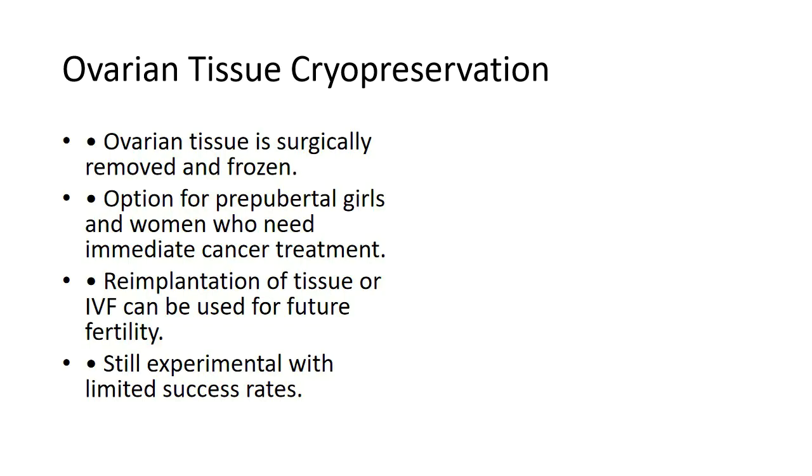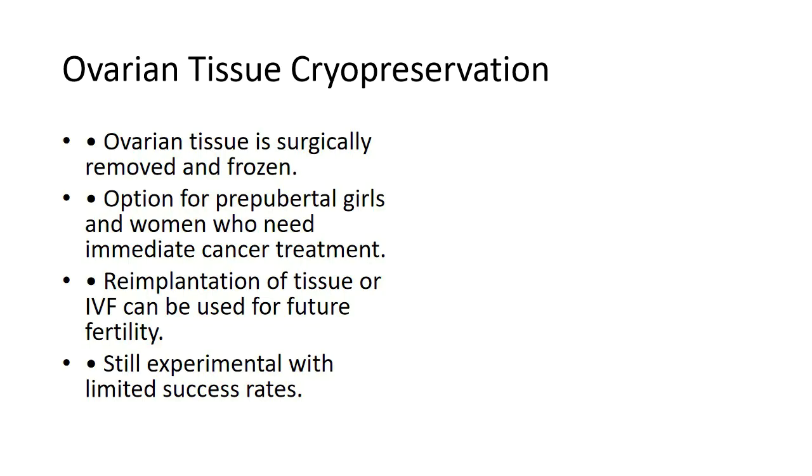Indications for ovarian tissue freezing: prepubertal girls. For girls who have not yet reached puberty and cannot undergo egg retrieval. Women who need immediate cancer treatment. When a woman must begin cancer treatment immediately and does not have time for ovarian stimulation and egg retrieval.